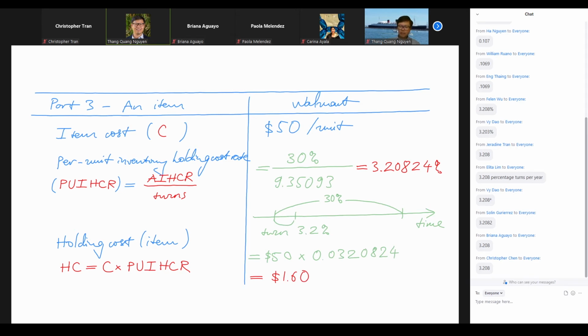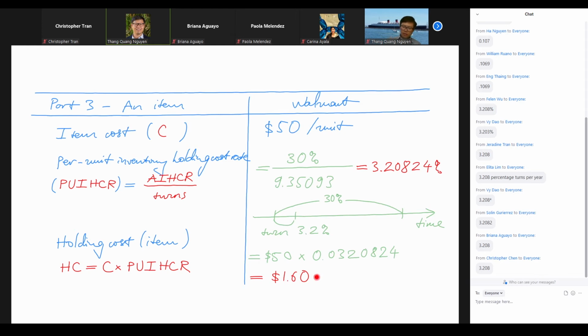60 cents, right? There might be more decimal places down here, but in accounting, if we just talk about an item like this, then we stop at the cent level. So $1.60. But of course, when later on we talk about many items, we have to multiply, then any decimal places will be helpful, right? Because at Walmart, they talk about thousands or sometimes millions of units.